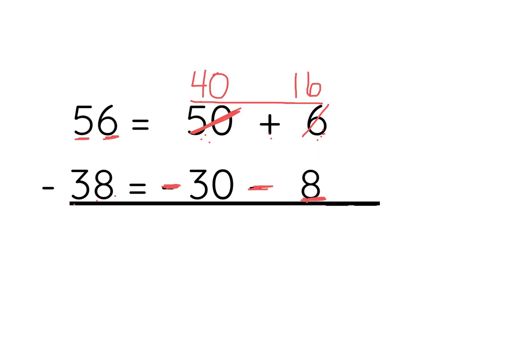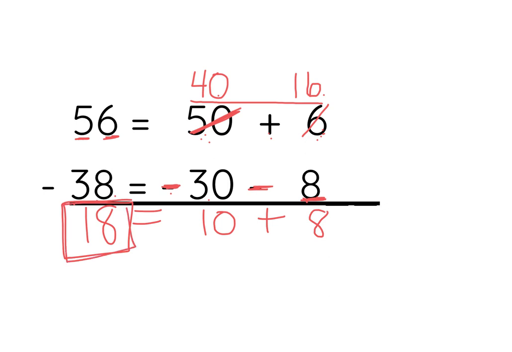I just renamed it so that I didn't get those negative numbers. Now I can subtract. 16 minus 8 equals 8. 40 minus 30 equals 10. And 10 plus 8 equals 18. Great job.